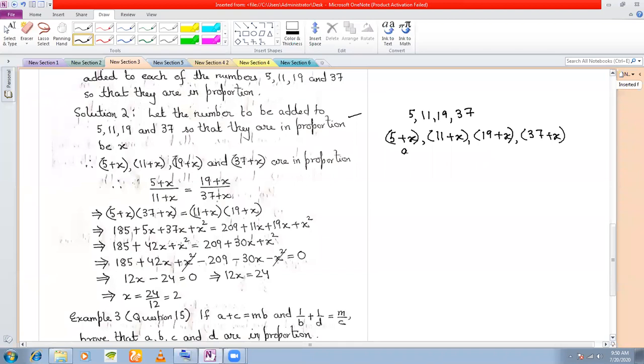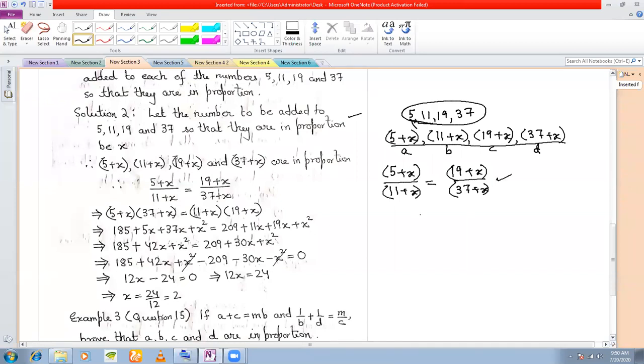You already know from the definition of proportion that if four numbers A, B, C, D are in proportion, then they can be written as A by B is equal to C by D. Because after adding x, these numbers become in proportion, you solve this equation to get x is equal to 2.